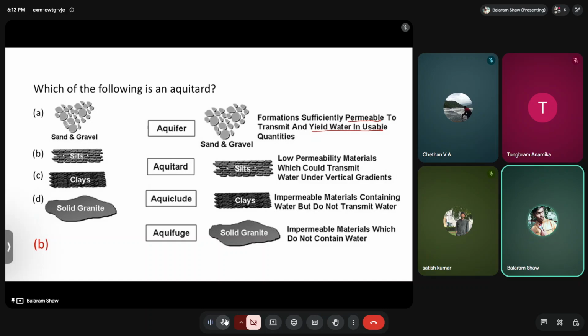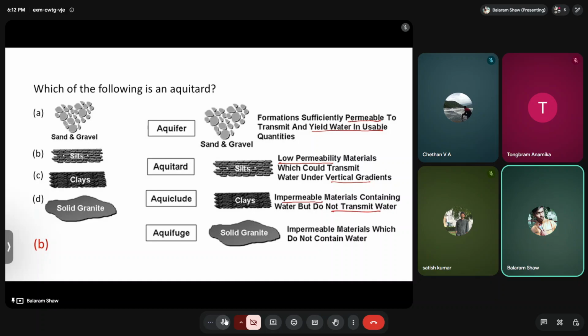In these kinds of aquifers we can yield water as much as is available. Second one is the aquitard. An aquitard has low permeability materials which can transmit water under vertical gradients only. Then we have aquiclude, which has impermeable materials containing water but do not transmit water.